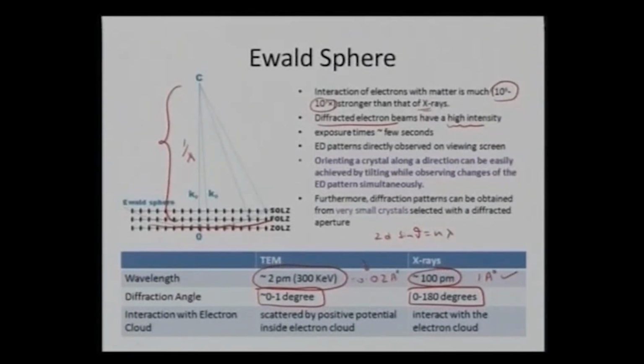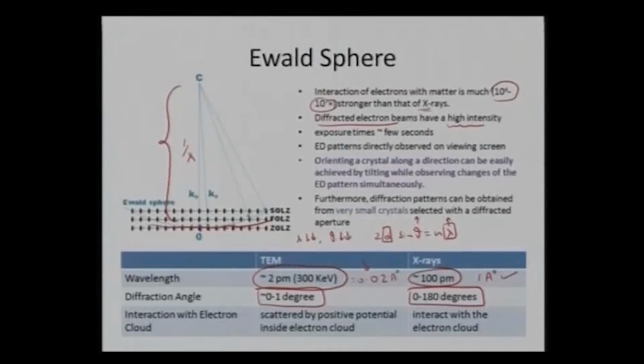As soon as I reduce my lambda, for a particular interplanar spacing theta also decreases. Once I reduce my lambda to a very large extent, the diffracted spots will be very near, within a range of 0 to 1 degree.